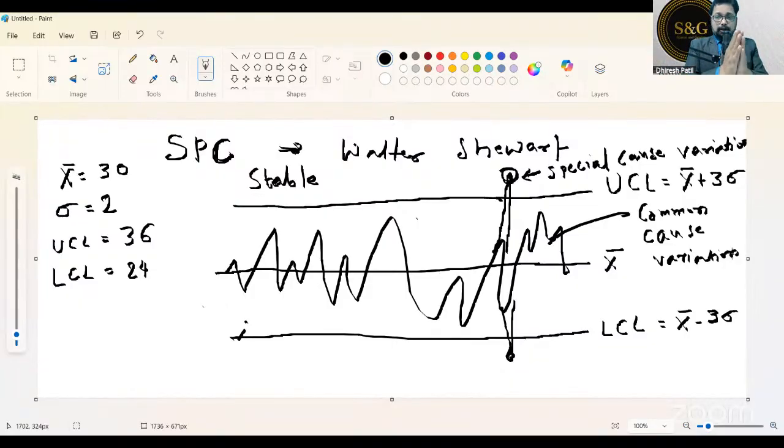The answer to that is at +3 and -3 standard deviation, it balances out. Write this down like this. At +3 and -3 standard deviation, it balances out, alpha and beta errors. Make a note of this.